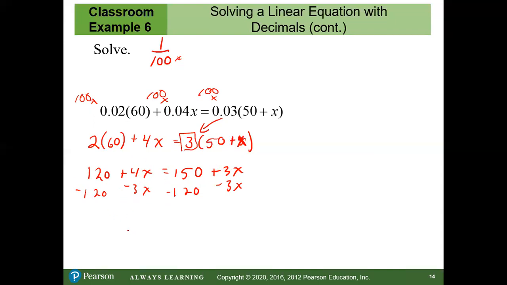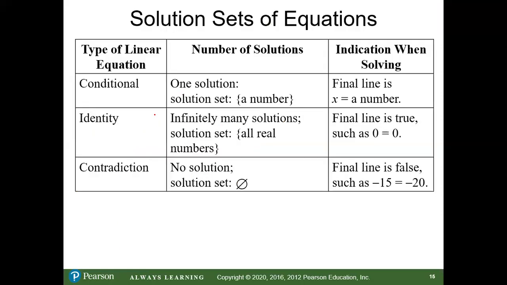So 4x minus 3x is just 1x. And 150 minus 120 is 30. So even though we had decimals in this equation to start with, we ended up with a pretty clean answer of 30. And you could always go in and check your answer by substituting. But once again, I'm not going to do it.